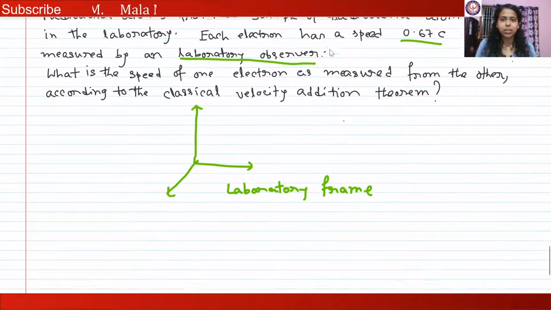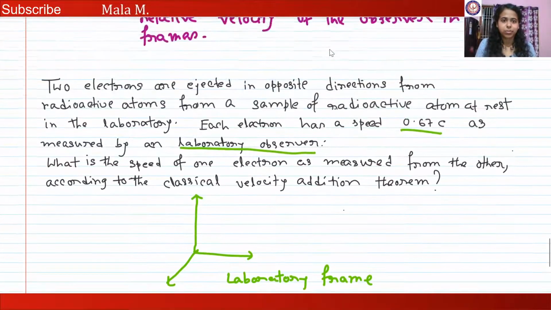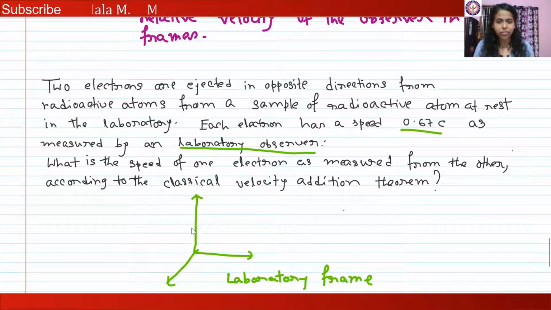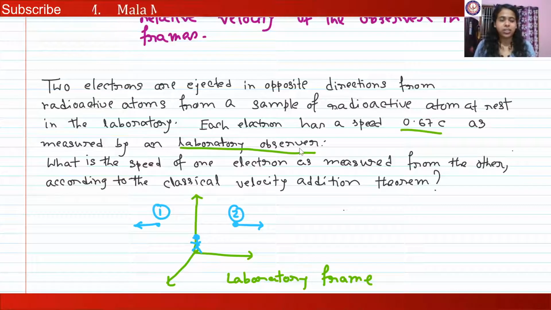So what will we do next? In the laboratory frame, the observer measures, let's say this is the number 2 electron, this is the number 1 electron, ejected in opposite directions.